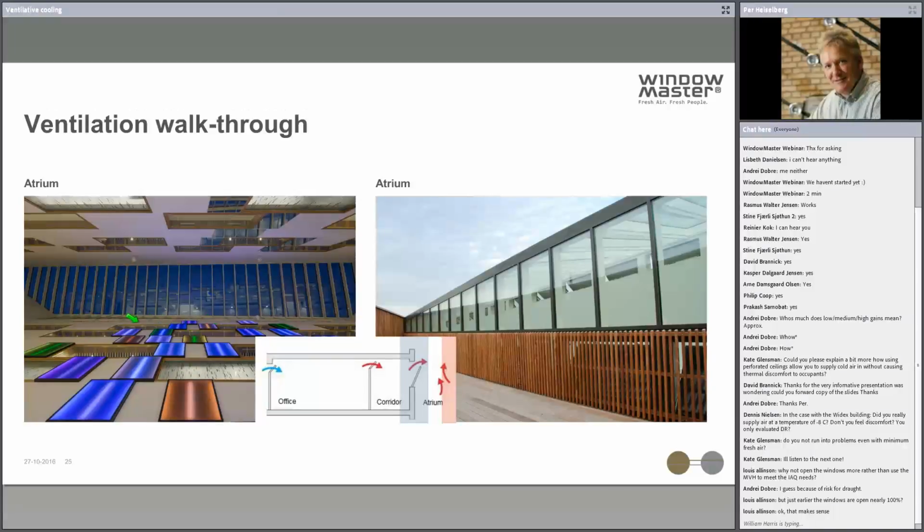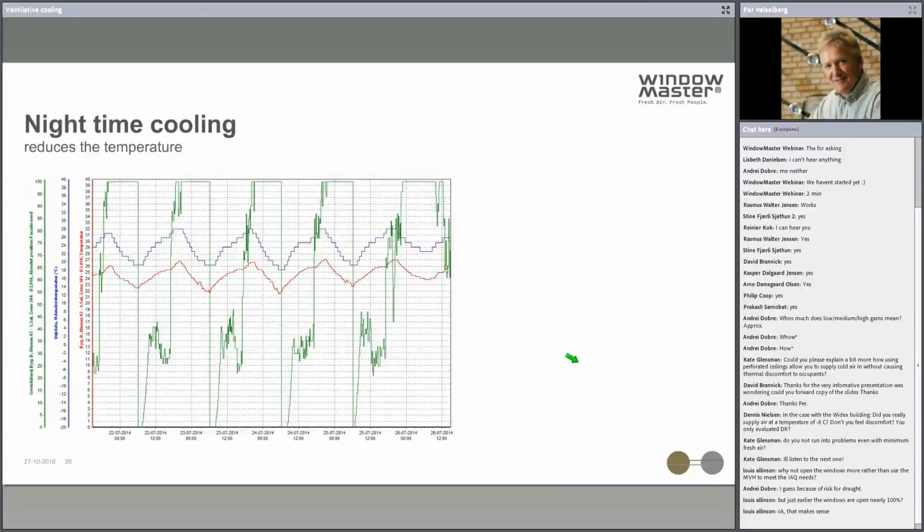And in the top of the atrium space, we also have quite a large number of windows which can be opened, and then all the hot air will get out of these windows on both sides. There are also some windows on the other sides. So this is the ventilation principle in this building.